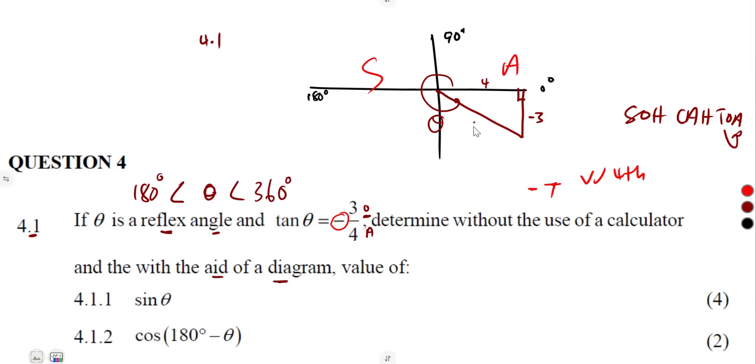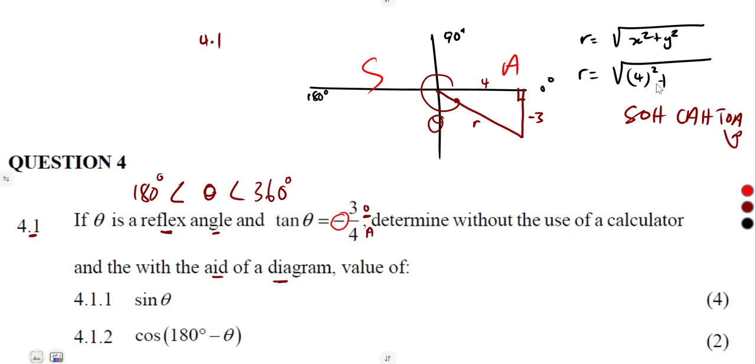So you can find the third side representing the hypotenuse, which is r there. So r is the square root of x squared plus y squared. So that is the square root of 4 squared plus negative 3 squared. So that's the square root of 16 plus 9, the square root of 25, which is going to be 5. Hypotenuse is always positive. There's no plus or minus for hypotenuse. So this was our diagram.